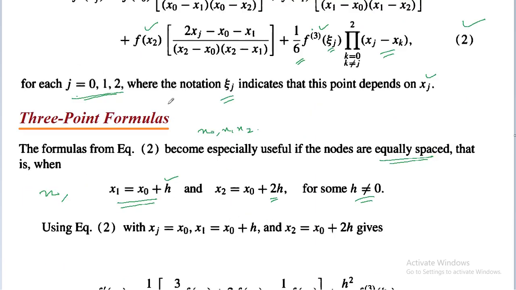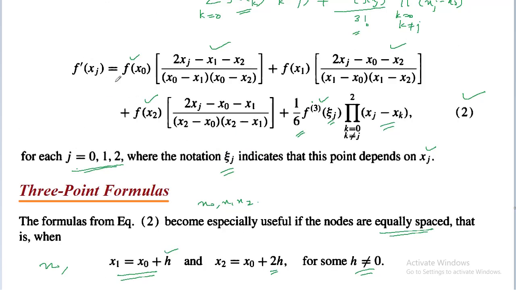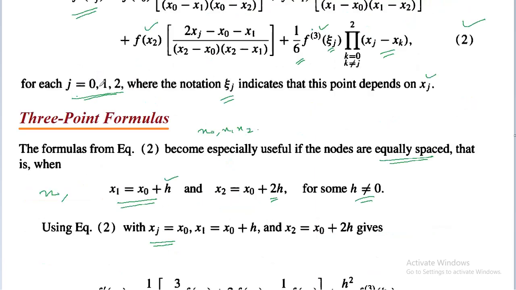That is, x0, x1 and x2 are equally spaced, right? So in that case, using equation number 2, where we have f dash of xj, we replace xj by x naught, with x1 equal to x naught plus h and x2 equal to x naught plus 2h.